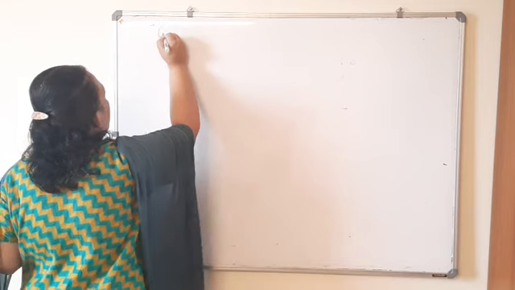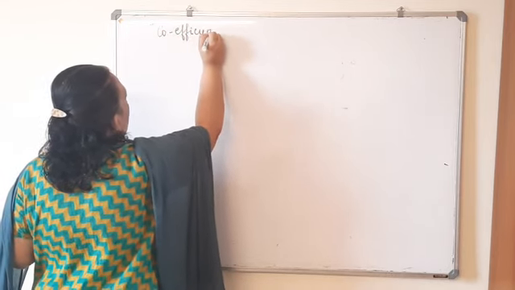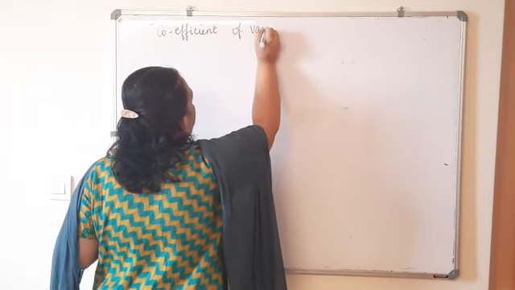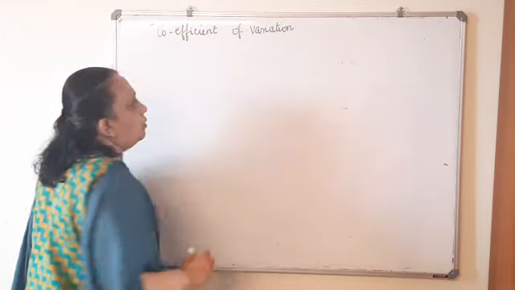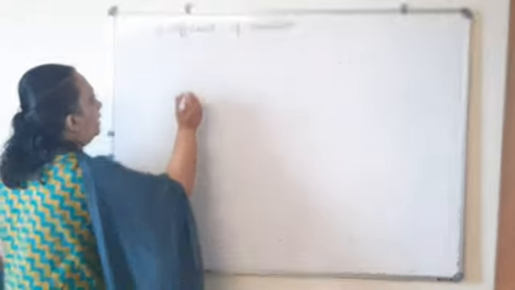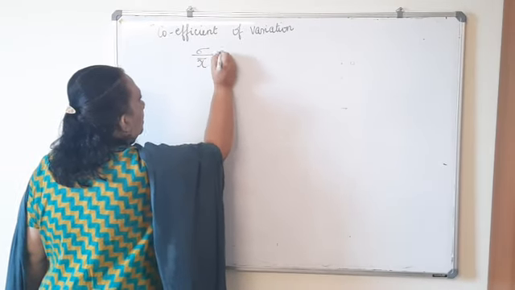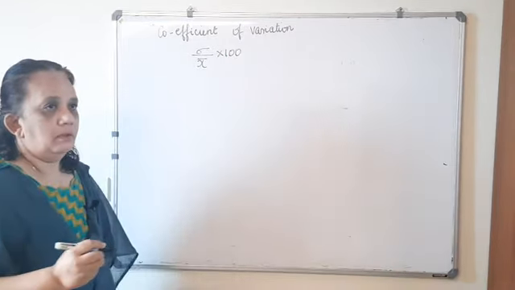Coefficient of variation for a particular data is given by sigma by x bar into 100.